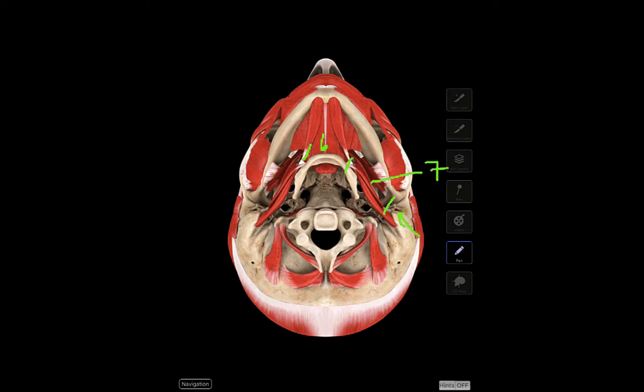And number eight has two bellies. One, two bellies. That's number eight.